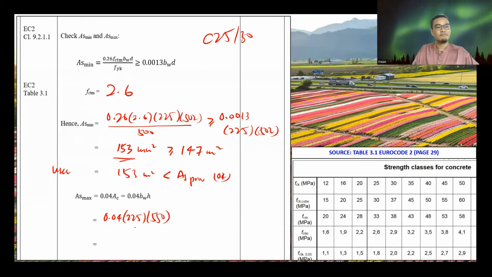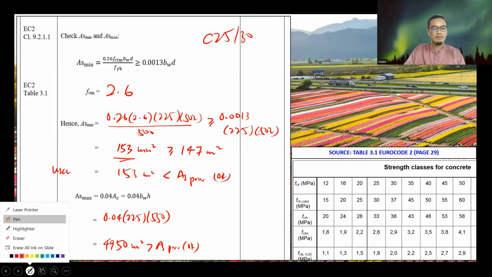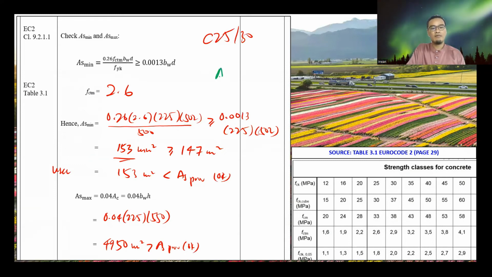Any answer? 4950 mm square, greater than AS provided. So make sure AS provided is in between AS minimum and AS maximum.